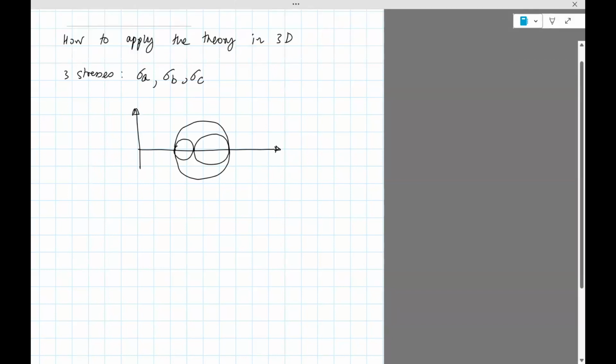Okay, so what I've done here is I've renumbered these stresses, sigma 1 greater than sigma 2 greater than sigma 3. This is sigma 1. These are the principal stresses, by the way. This is sigma 3. This is sigma 2.